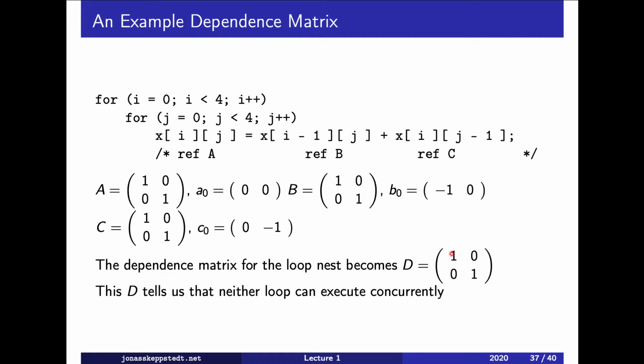And if there are dependencies, the first non-zero element on a row says there is a dependence in the corresponding loop. So this non-zero says that there is a dependence in the I loop, and this non-zero says there is a dependence in the J loop.